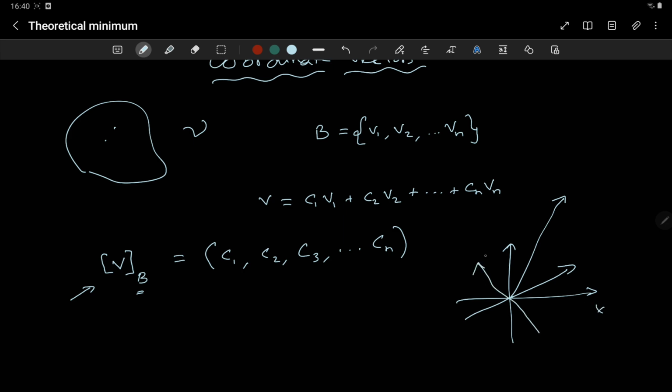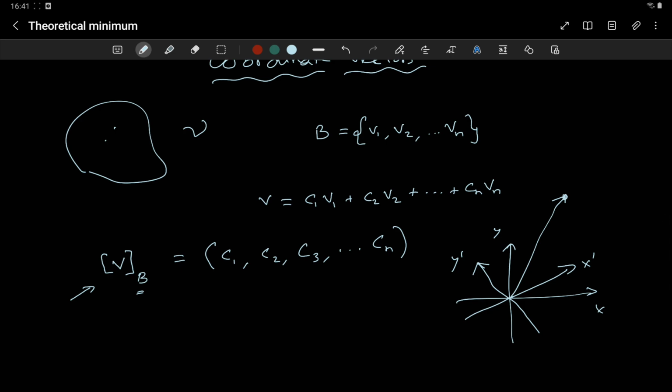Say this is x, this is y, but there's another coordinate system, say this is x prime and this is y prime. Okay, the same vector, but in the xy plane it will have some numbers, and in x prime y prime it will have some other numbers. Those numbers are nothing but the coordinates, right? Yes, sir. Yeah, so that's it.